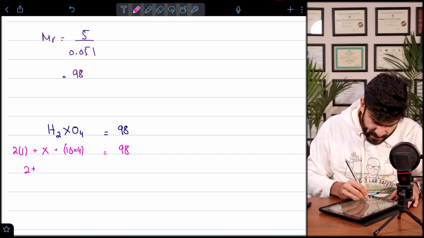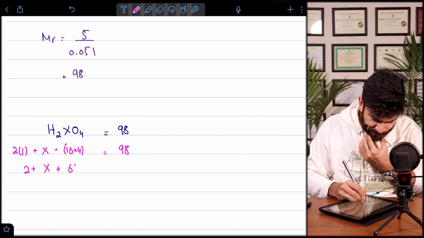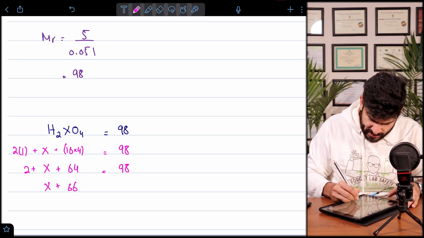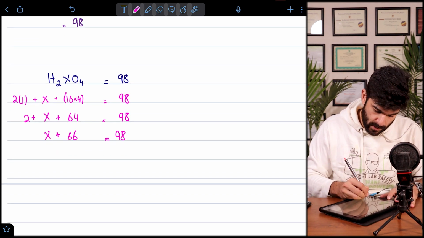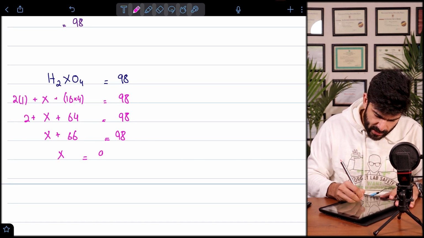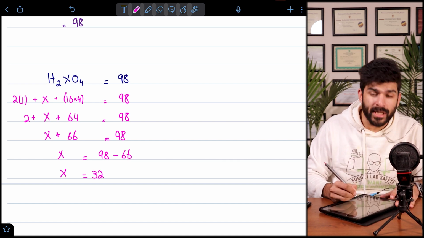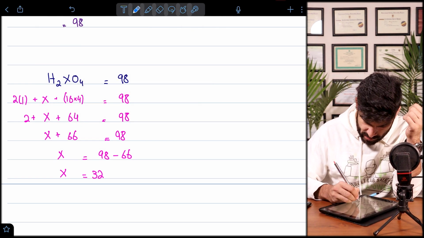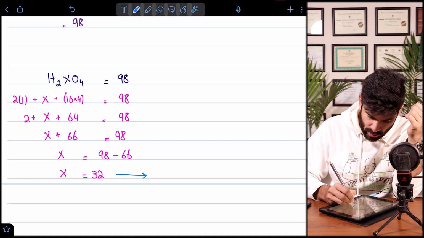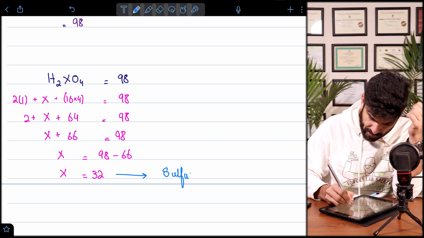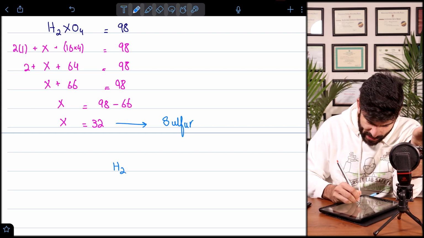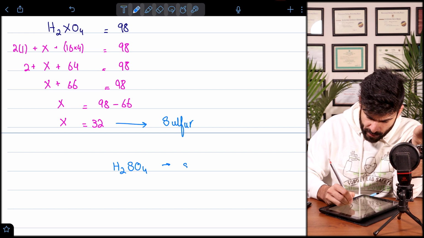So 2 plus x plus 64 is 98. So x plus 66 is 98. So we just do the simple mathematics. 98 minus 66, we're left with 32. So x equals 32. We open the periodic table. We see that there is only one element whose Ar is 32, and that's sulfur. So the compound becomes, as we knew it from the beginning, H2SO4, sulfuric acid.